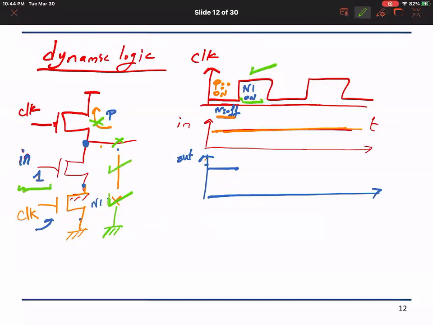And if this is connected and the clock is high, then the two NMOSes will be connected. So this is N2, N2 will be on. So by putting this footer clock, I protect my circuit against cases where the input might be on when the clock is low. This way I isolate the output from ground through this clocked footer transistor. So this is one thing.